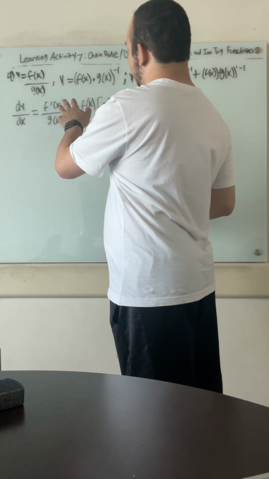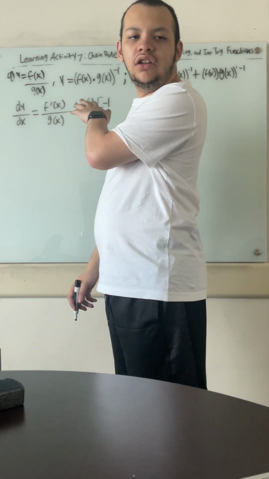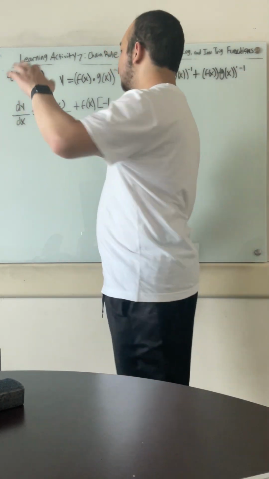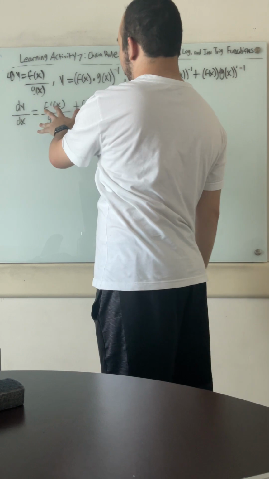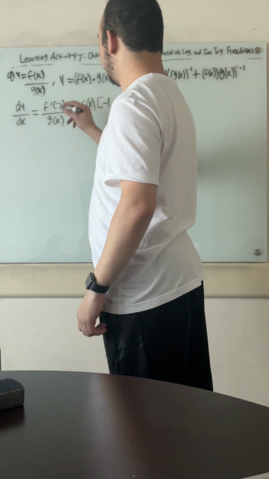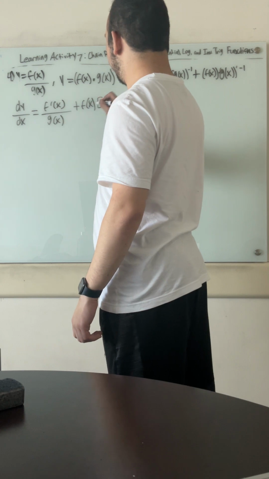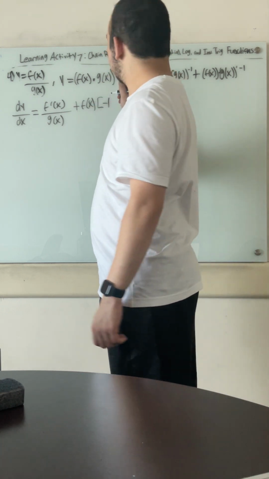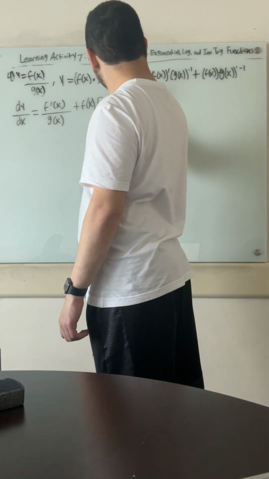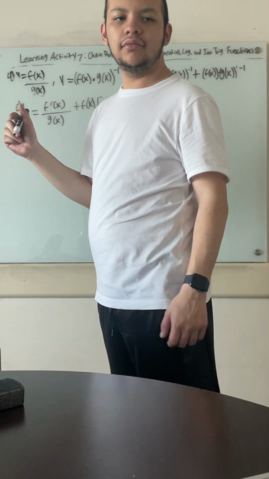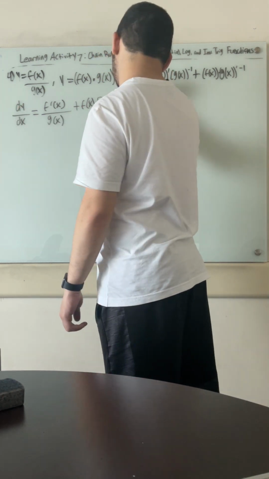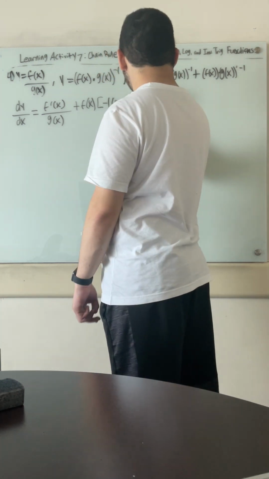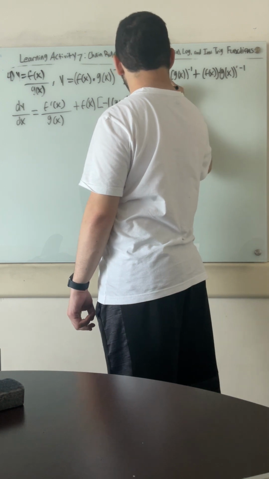The reason I say f prime of x over g of x is because we're essentially rewriting this into fraction form. So this is f prime of x over g of x plus f of x times negative 1, because we're moving the negative 1, times g of x to the minus 1, because of product rule and power rule of derivatives. And then this is all times the derivative of g of x.